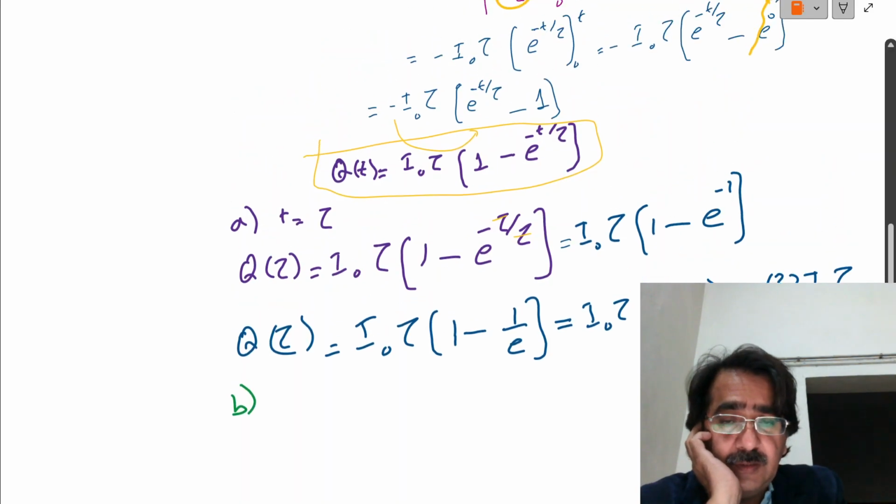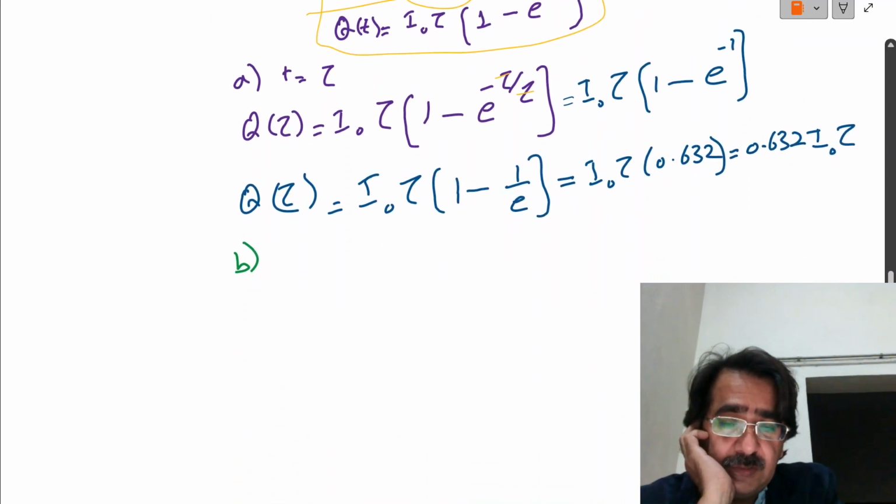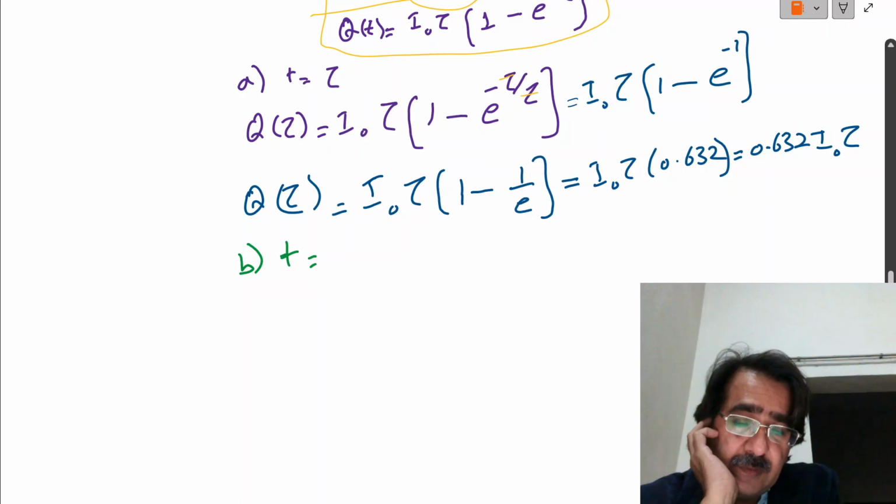The same is true for part b. Part b is when t is equal to 10 tau.